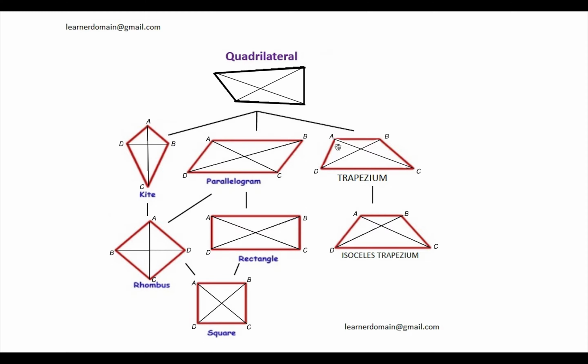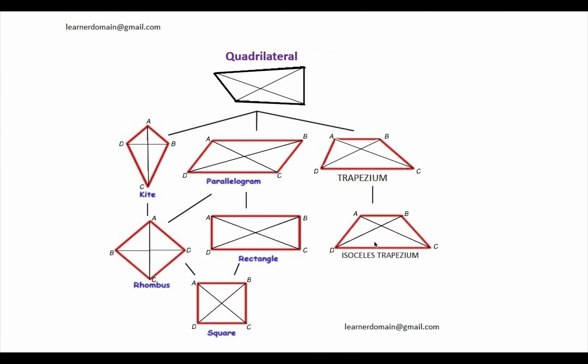So angle A and angle D are interior angles on the same side. And what will be their property? Their sum is going to be 180 degrees. So angle A plus angle D is equal to 180 degrees. Angle B plus angle C similarly will be 180 degrees. There will be no relation between the opposite angles of this trapezium.